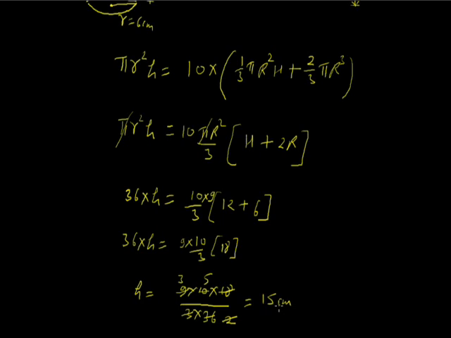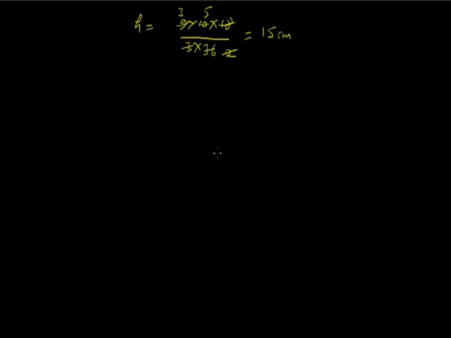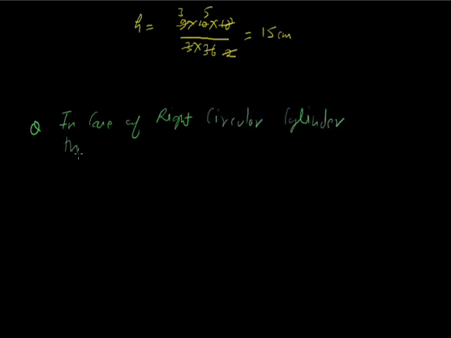Okay, इस क्वेश्चन में बेसिक कंसेप्ट यही था कि वॉल्यूम्स remain the same. We move to the next question. In case of a right circular cylinder, the radius of the base and height are in the ratio 2:3.